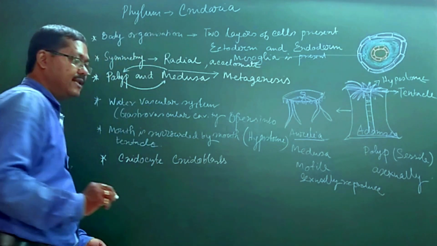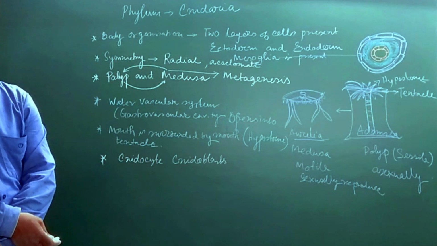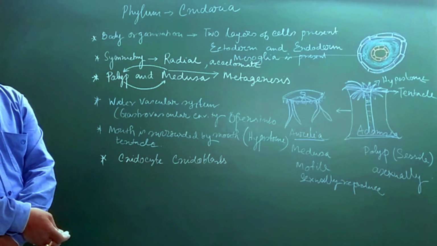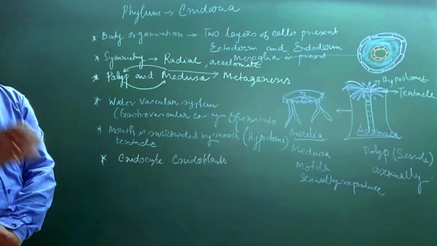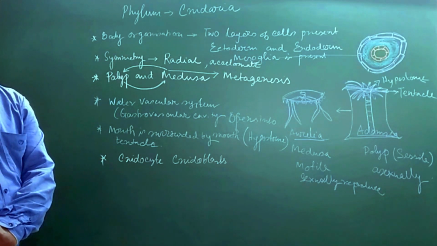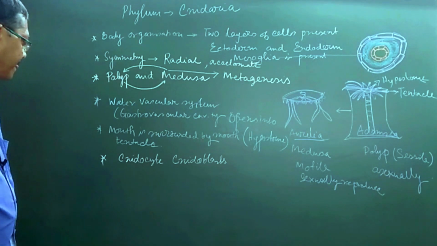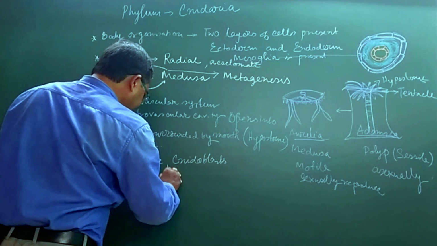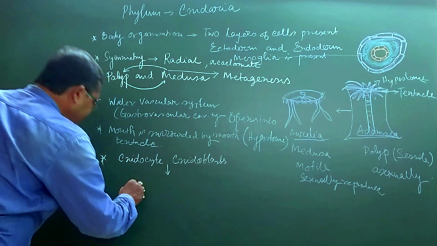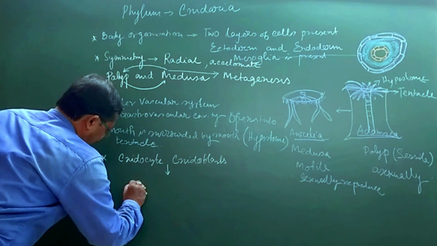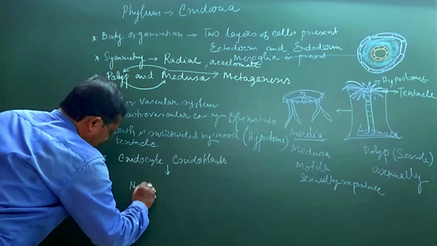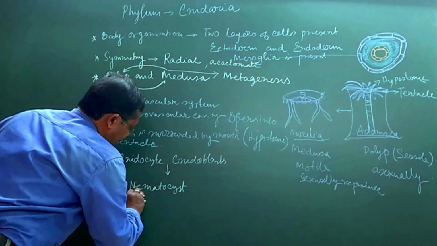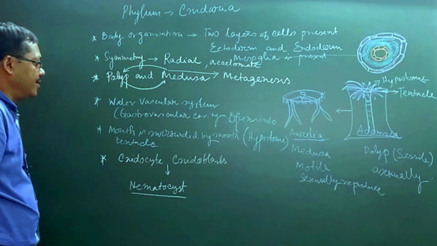These cells help the organism capture prey, and they also help protect themselves from external predators. This cnidocyte or cnidoblast contains a nematocyst. The nematocyst is present within the cnidoblast.